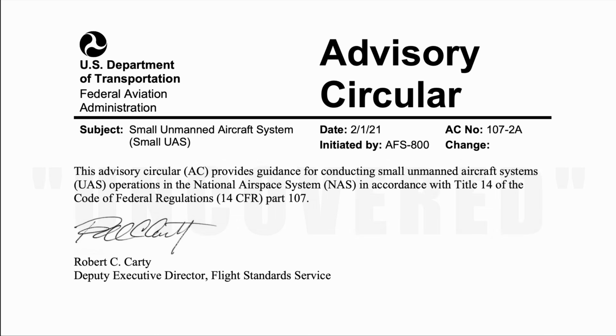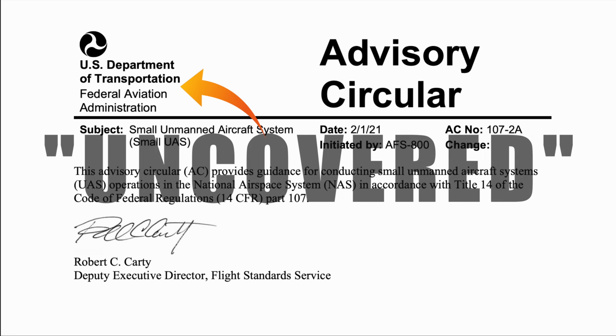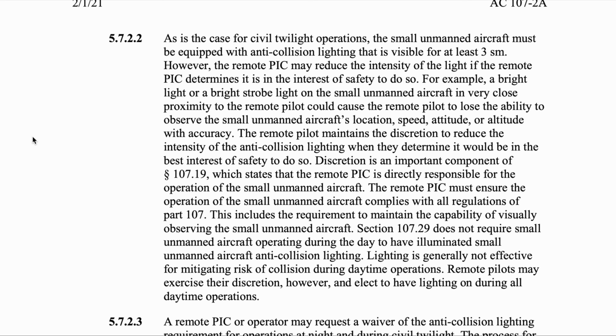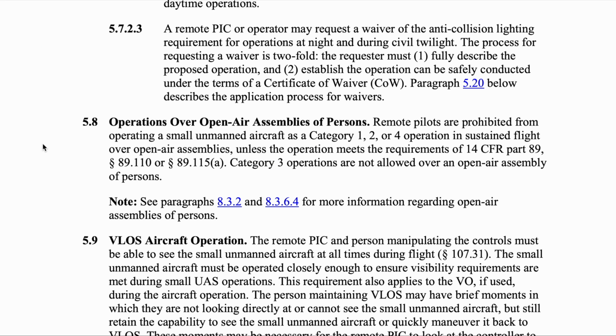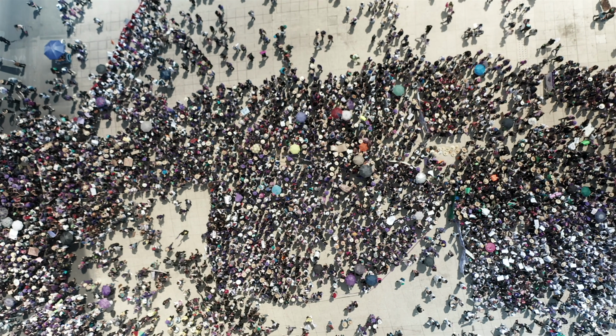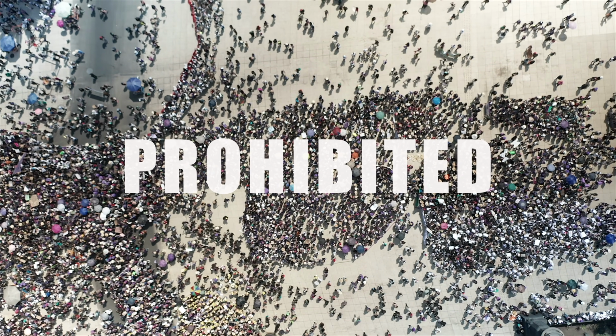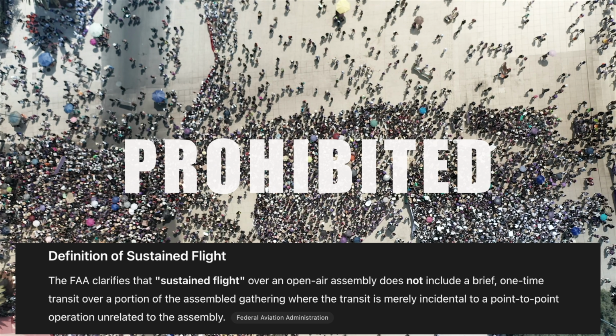And there's something else that you won't hear too often, and that is a term that is referenced in the U.S. Department of Transportation Advisory Circular, and that term is called open air assemblies. What this means is that if you see a large crowd or a group of people or a large gathering, you are prohibited from flying what's called a sustained flight over open air assemblies.